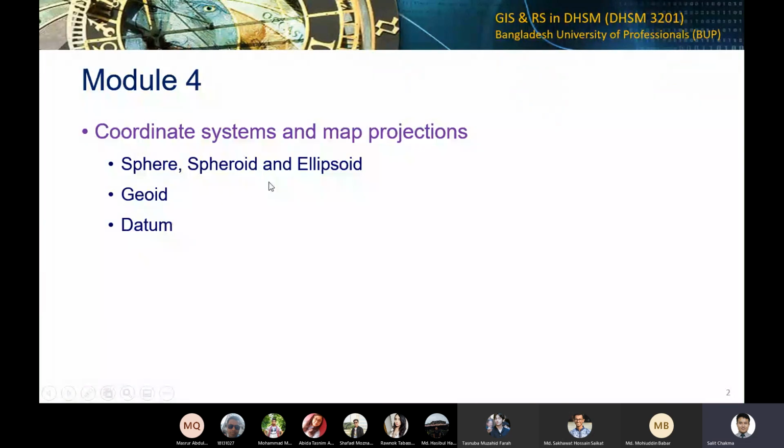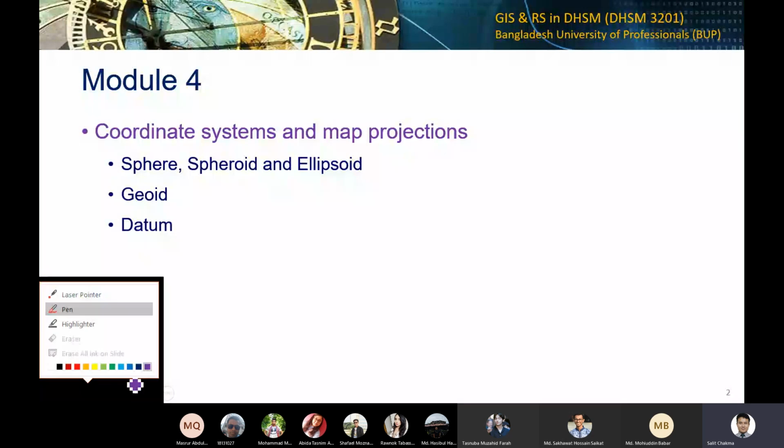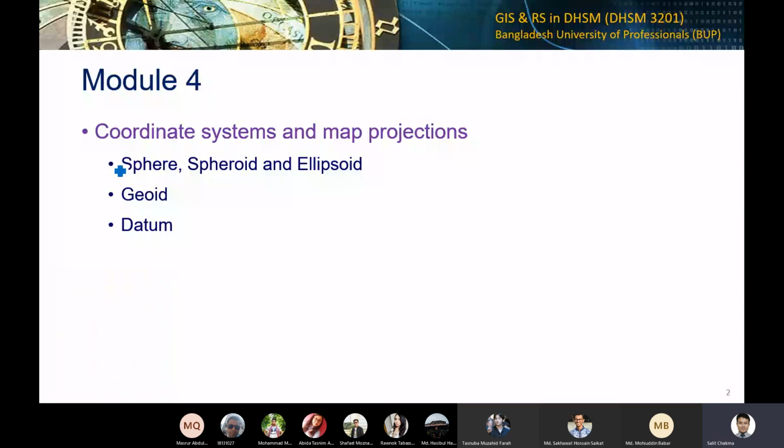So that's why we have to imagine that the Earth is actually spherical or round. That's why we picked our topic as sphere, spheroid, and ellipsoid. There is a confusion whether Earth is spherical, a spheroid, or ellipsoidal. We will discuss this idea and put a question mark on it.